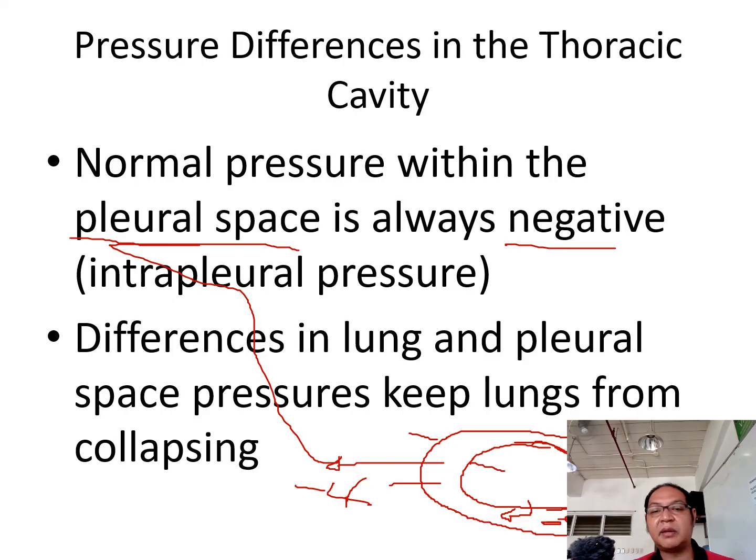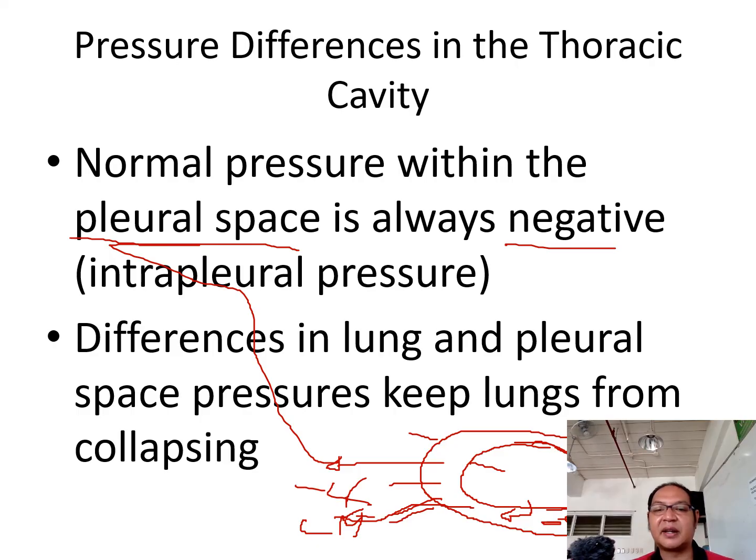Since this is negative, once foreign bodies get into your pleural space, it becomes positive. So what they will do is create a hole here called CTT, chest tube thoracostomy, and drain the fluid outside. Later on, on your duty, you will see some patients with a tube in their chest.